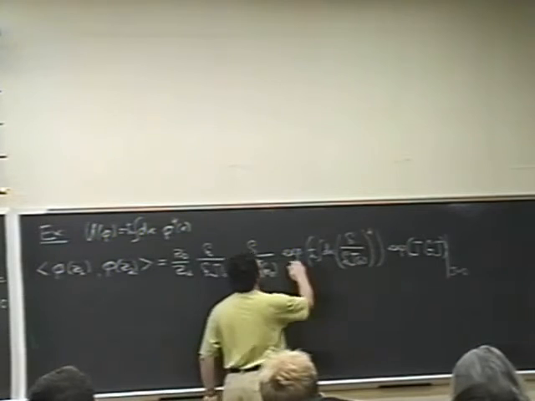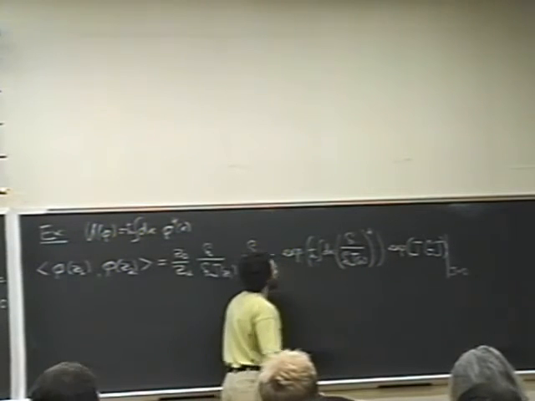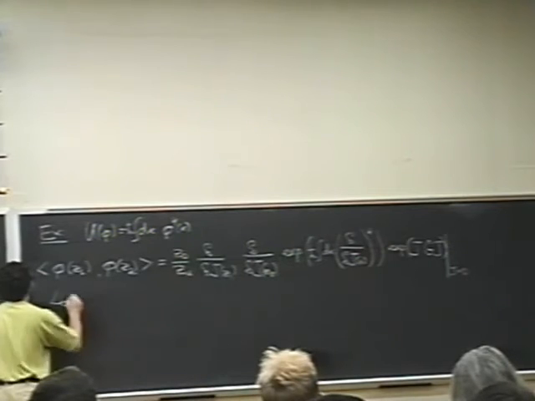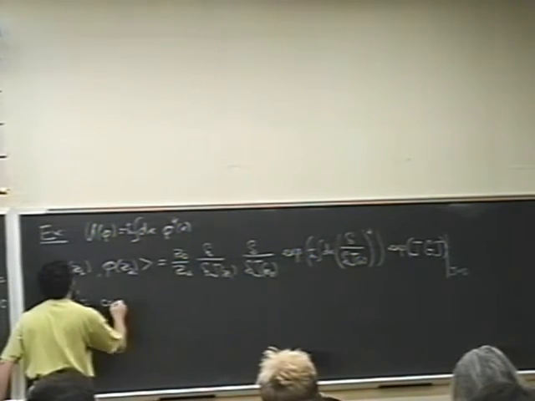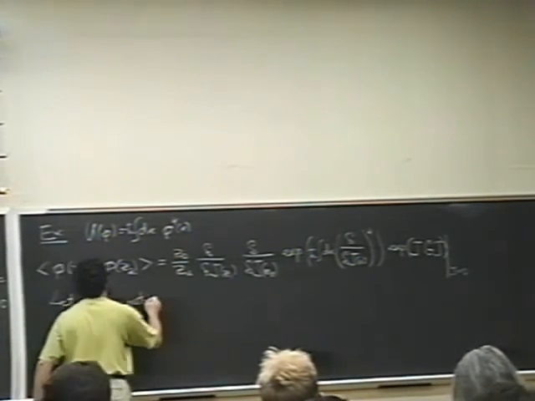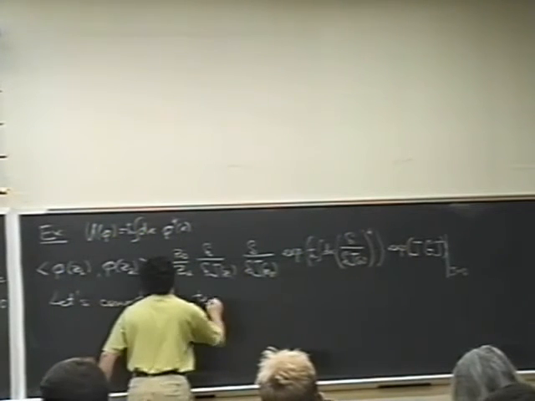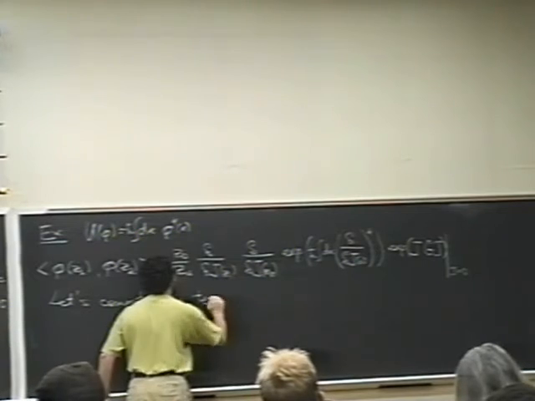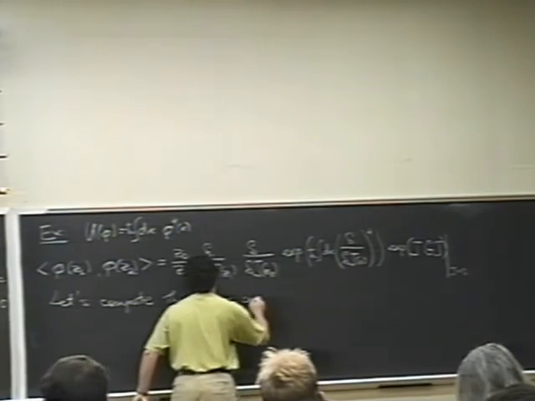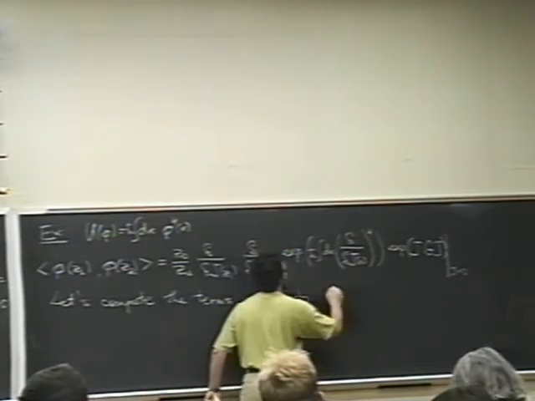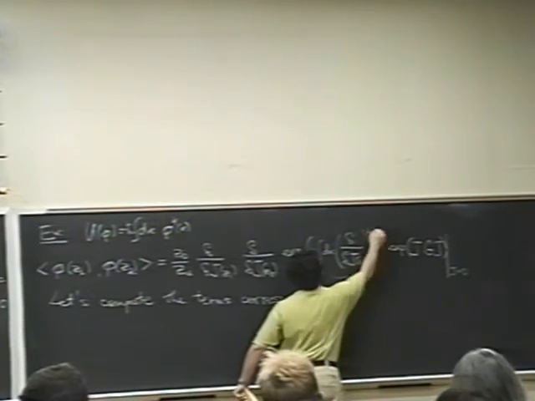Because there will be, of course, a lot of things when I write the expansion in the power series. So let's compute the terms corresponding to just this thing in the fourth.